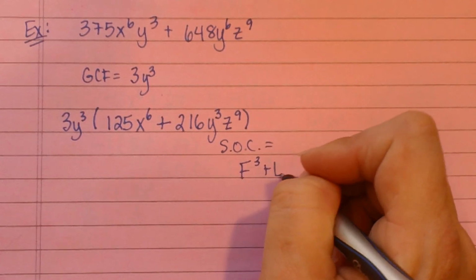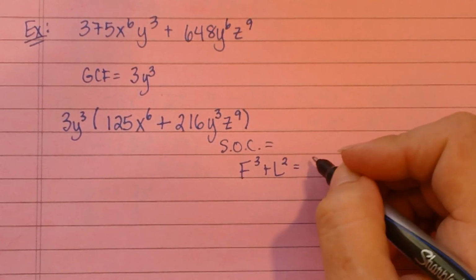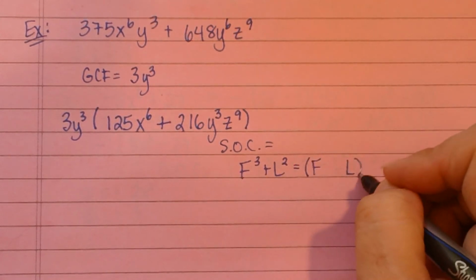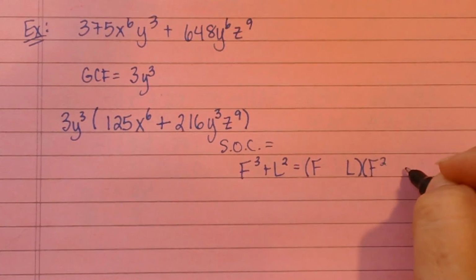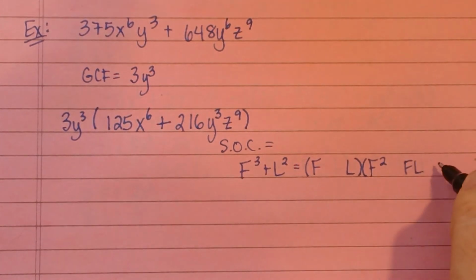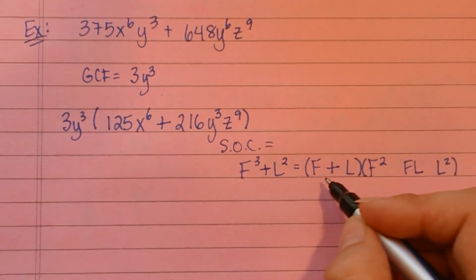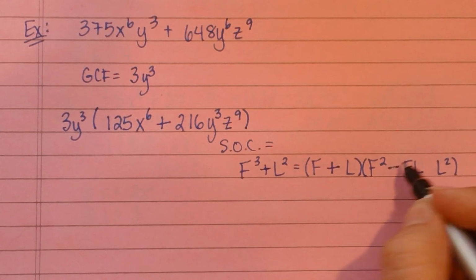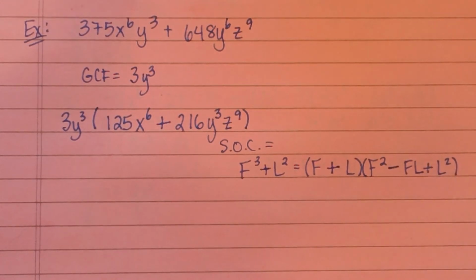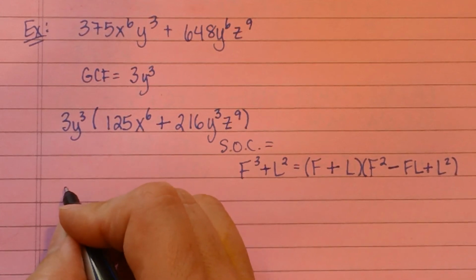F cubed plus L cubed is equal to F plus L times F squared minus FL plus L squared. And we fill in with SOAP. So we've got same sign, positive, opposite sign, negative, and then always positive on that last term. Let's figure out what F and L are.